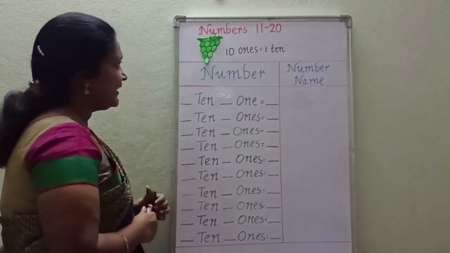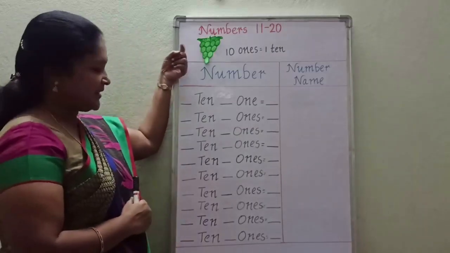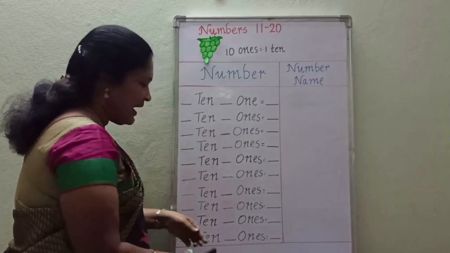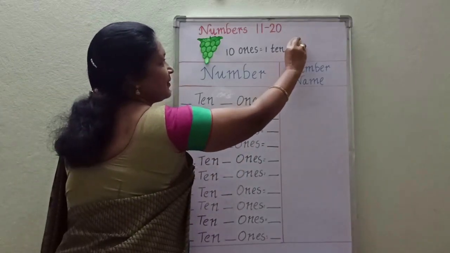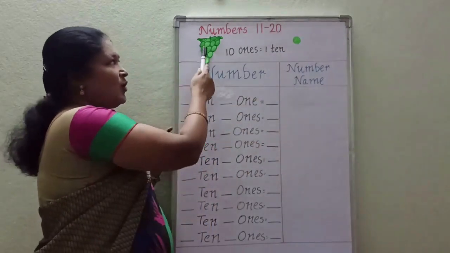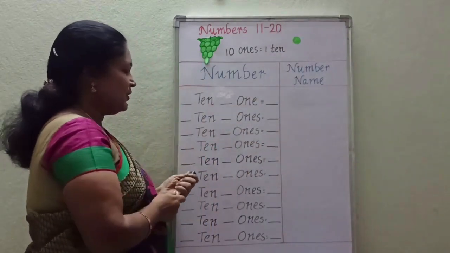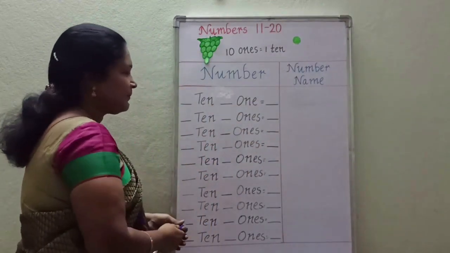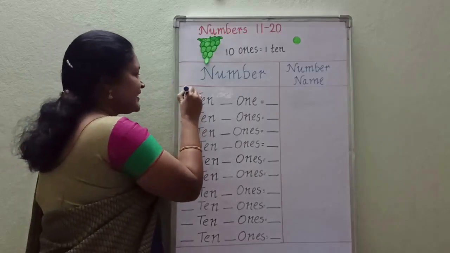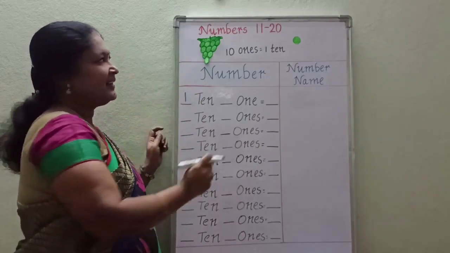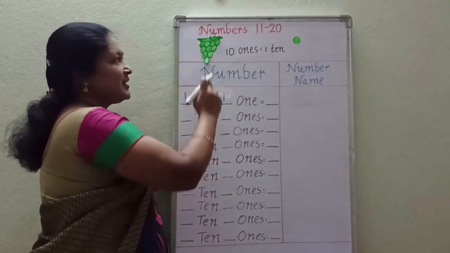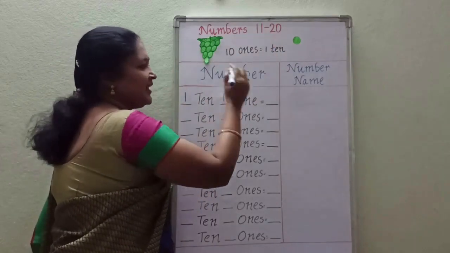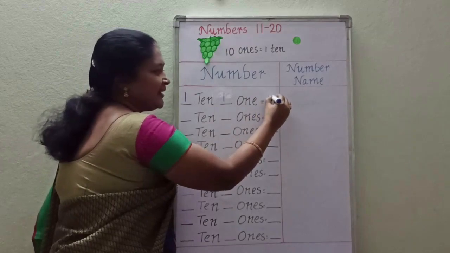And let us see here. Here 10 grapes are there. And now I want to add one more. See here. Now how many tens are there here? 1 ten. And how many ones are there here? 1 one. Total how many grapes are there here? 11.